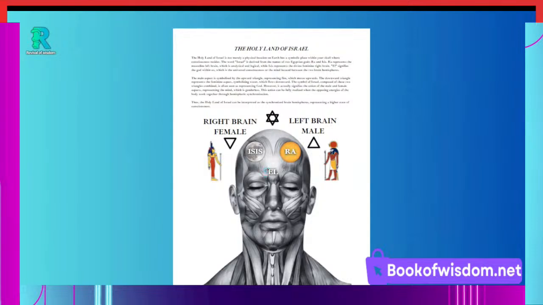Electricity. That's the force of the physical world. It's the force that runs this world, electricity. It's the force of God. El, consciousness. It means God. Is, Ra, El. Isis, Ra, and El. It's the two hemispheres of the brain, the Holy Land of Israel. It's the Holy Land, it's the brain. Once these two hemispheres are synced, this is how you unlock your consciousness. This is the easiest way of astral projecting.